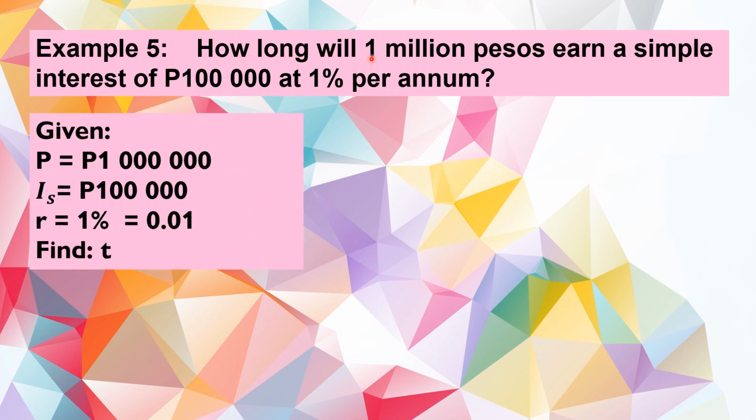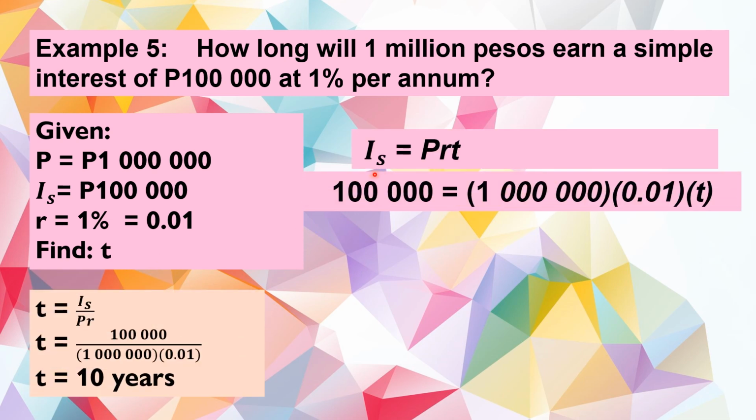We have the 1 million pesos, which is the principal, and 100,000 pesos, which is the simple interest. And 1% is the interest rate. 1% can be written in decimal as 0.01. So, let's find the time or T using the formula of simple interest. We will just substitute the following given.